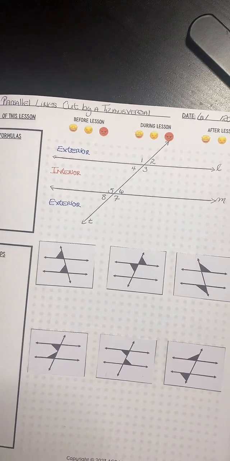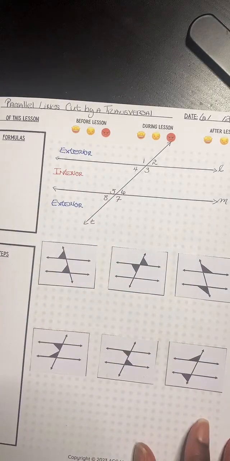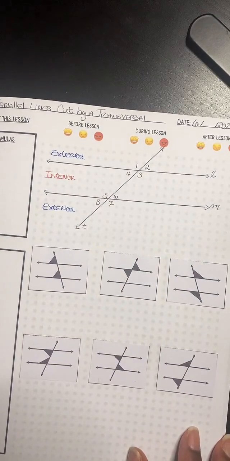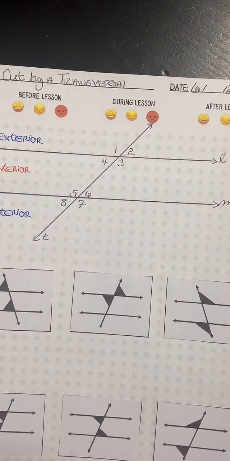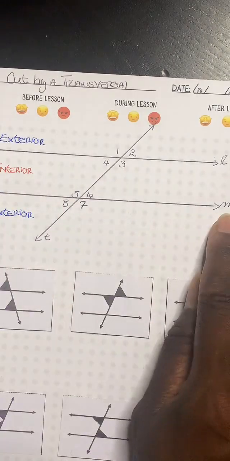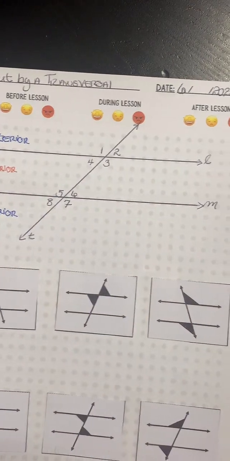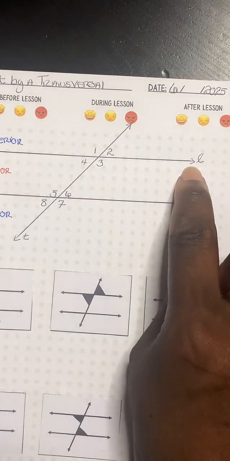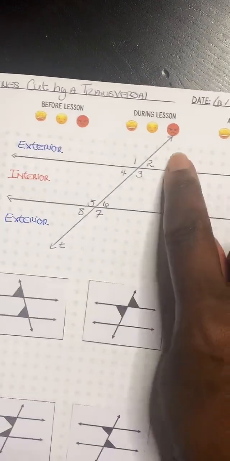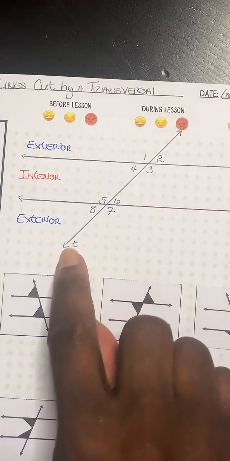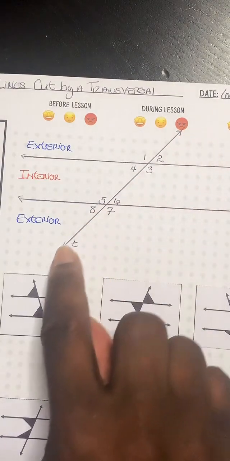All right. So when we look at parallel lines, they are basically two lines that do not intersect. Another thing that we know about parallel lines is they have the same slope. Right here we have line L at the top and line M at the bottom, and this line T is called my transversal.